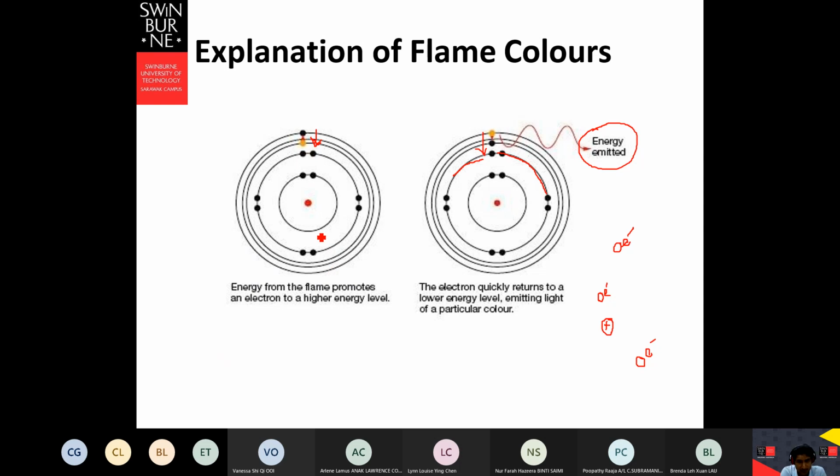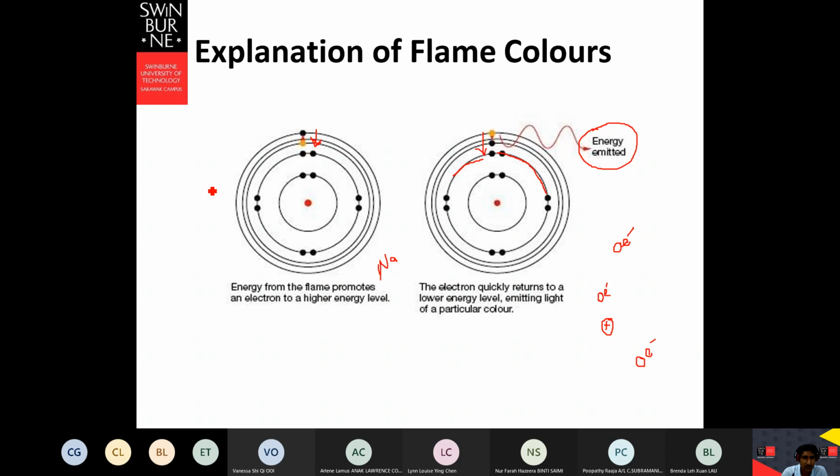Based on this technique, or this theory, one scientist came up with an idea. Since they are absorbing different energy to be excited, it is quite precise. Let's say it is sodium.